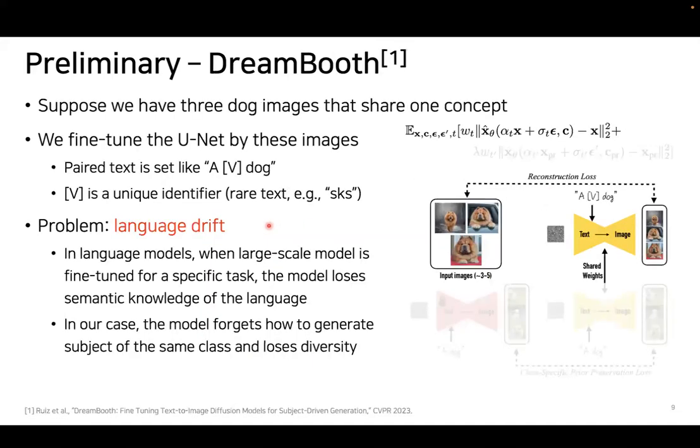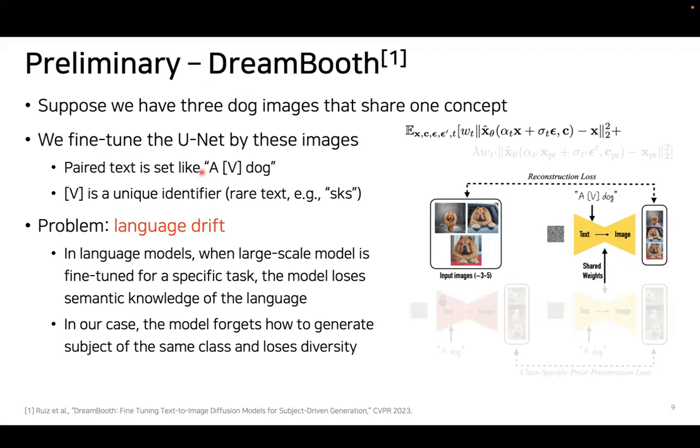Okay, now finally we see DreamBooth. I will explain it with this one example. Suppose we have three dog images that share one concept, these images, and we fine-tune the UNet. The UNet is the Stable Diffusion UNet. Since this is a text-to-image diffusion model, we need paired text.